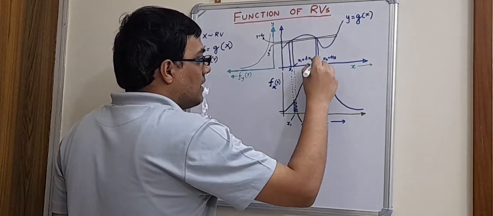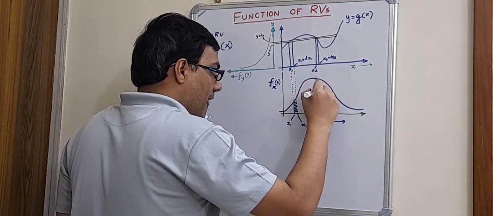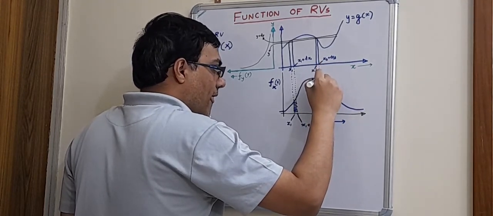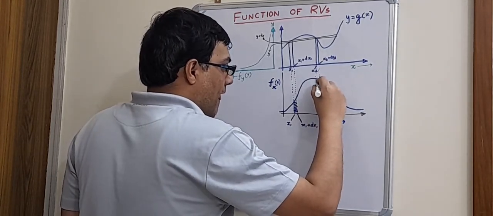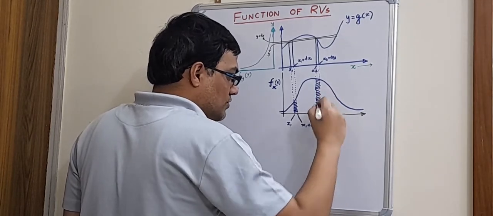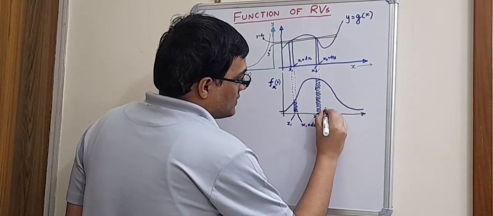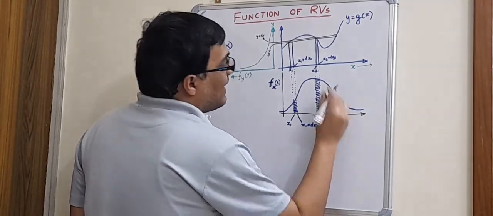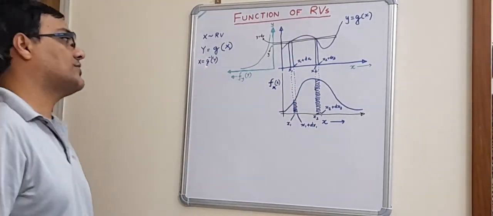Okay. Similarly, this is given in the slides, so you should not have too much difficulty in following. So this is x2 and this is x2 plus dx2. And similarly for x3, we can draw a similar slice.